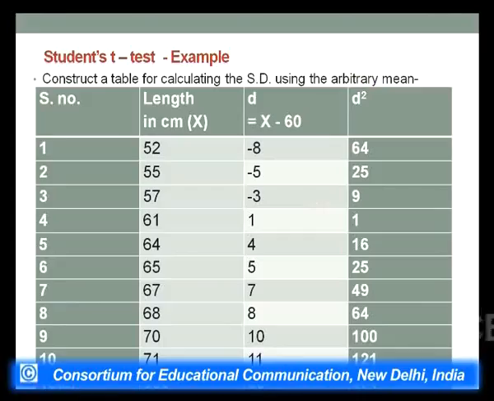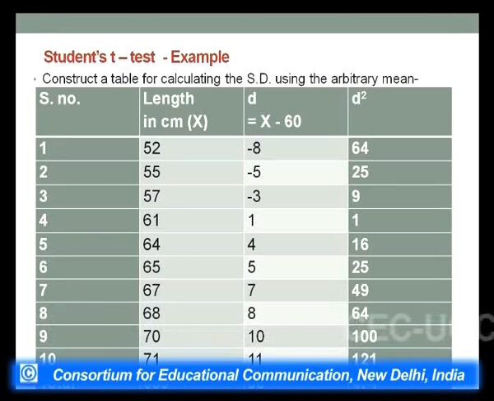Now you see this slide. In student T-test, you had only one series. That is the series in which 10 items were there in terms of length of advertisements, and you assumed an average, you assumed a figure 60.